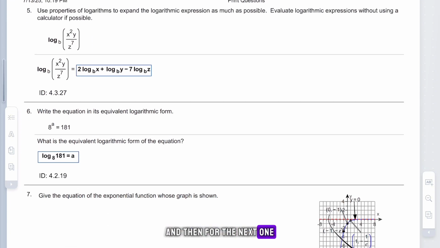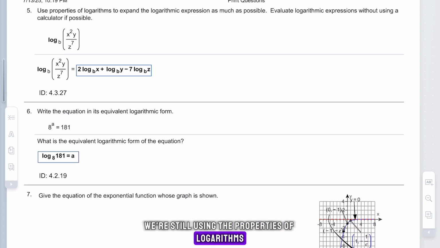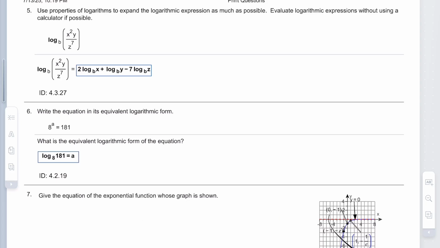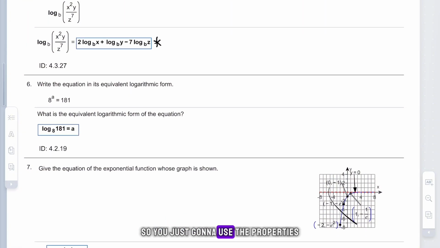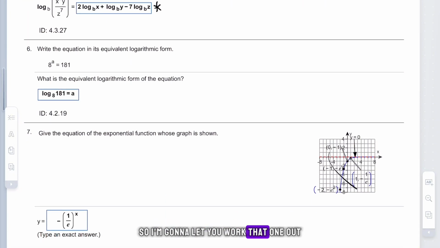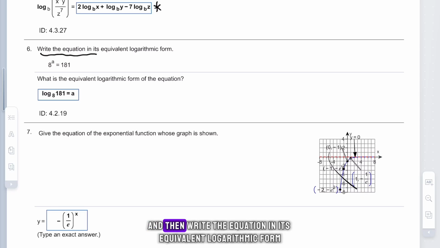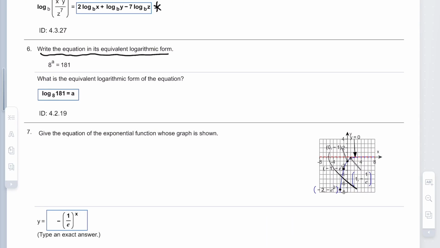And then for the next one, we're still using the properties of logarithms. So you're just going to use the properties. So I'm going to let you work that one out. And then write the equation in its equivalent logarithmic form.